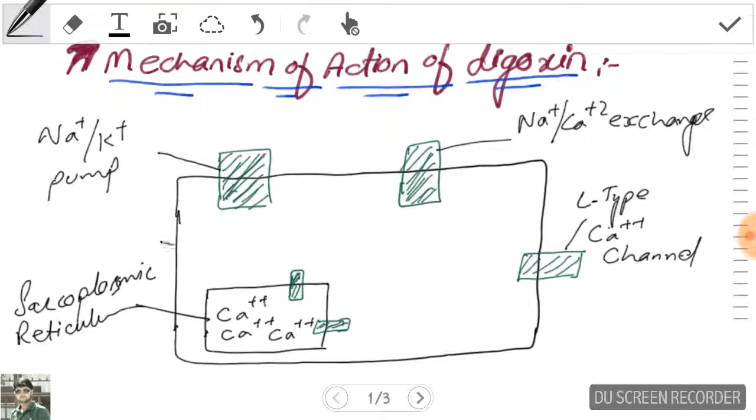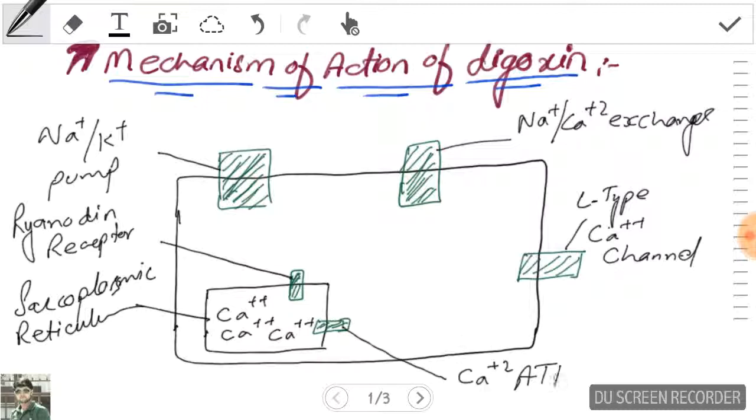And here we have the ryanodine receptor, and here we have the calcium ATPase.